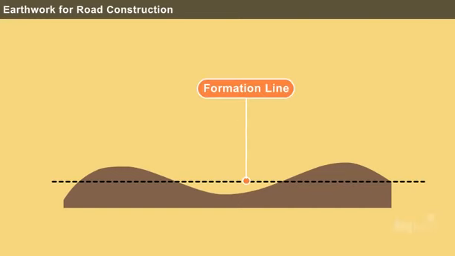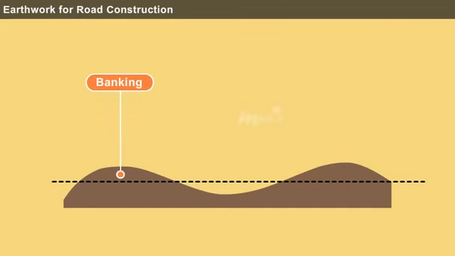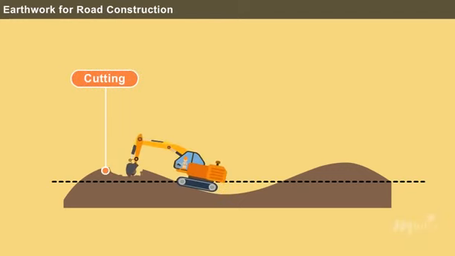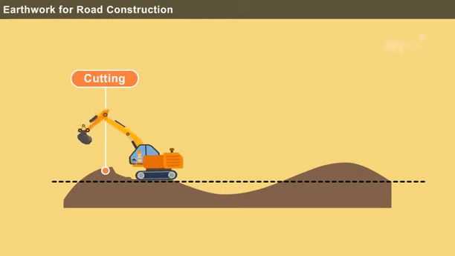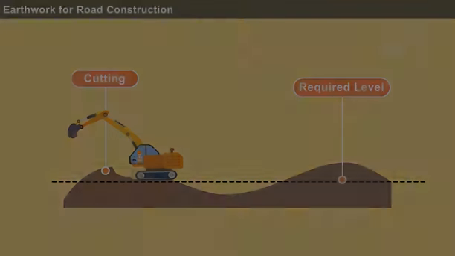This formation line is the imaginary line drawn to level the ground. Here, the heap portion is known as banking, while the lower portion is known as cutting. Cutting is the process of excavating the earth from a site to achieve the required formation level.